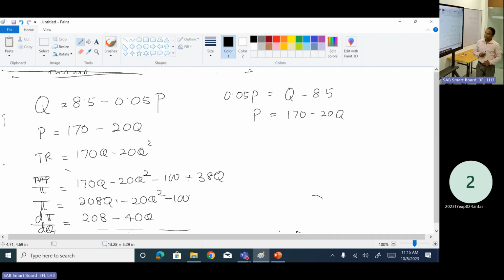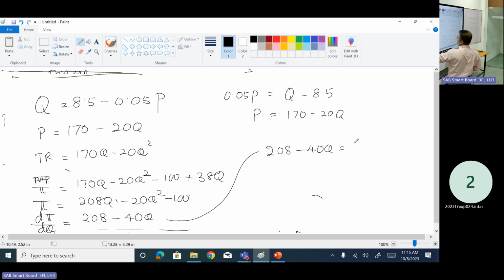In order to be the maximum, you need to equate the marginal profit function to 0. So 208 minus 40Q equals 0, so 40Q equals 208.